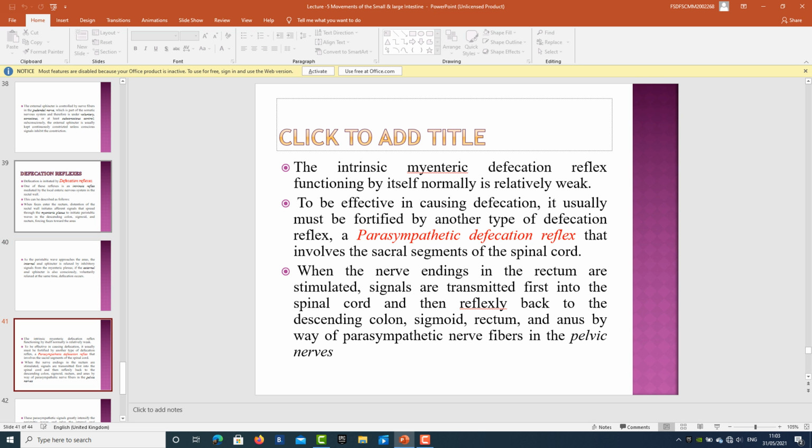The intrinsic myenteric defecation reflex functioning by itself normally is relatively weak. To be effective in causing defecation, it usually must be fortified by another type of defecation reflex, a parasympathetic defecation reflex involving the sacral segments of the spinal cord. When the nerve endings in the rectum are stimulated, signals are transmitted first into the spinal cord and then reflexly back to the descending colon, sigmoid, rectum, and anus by way of parasympathetic nerve fibers in the pelvic nerves.